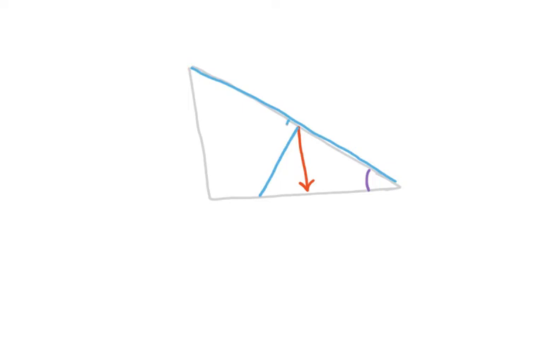If this is the right angle, then that one is the right angle. So if this was theta, then this one is 90 degrees minus theta. Then this one is 90 degrees, then this part must be theta, or theta and theta.